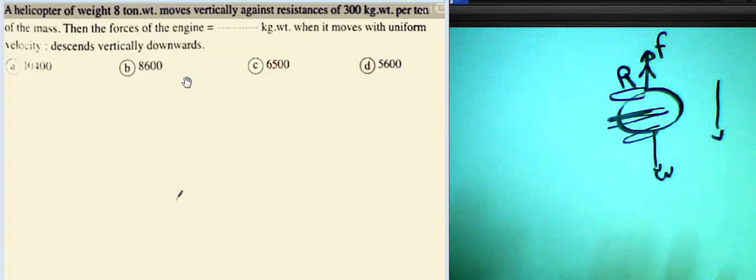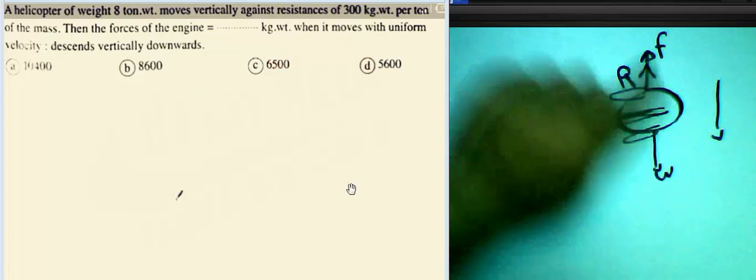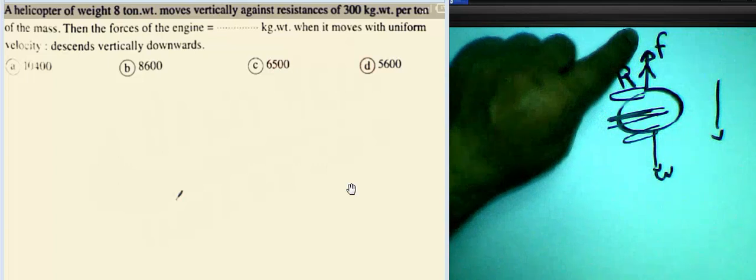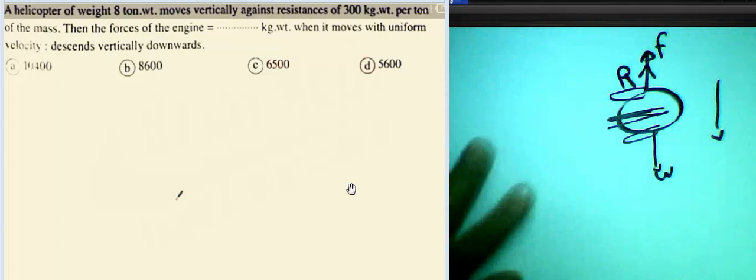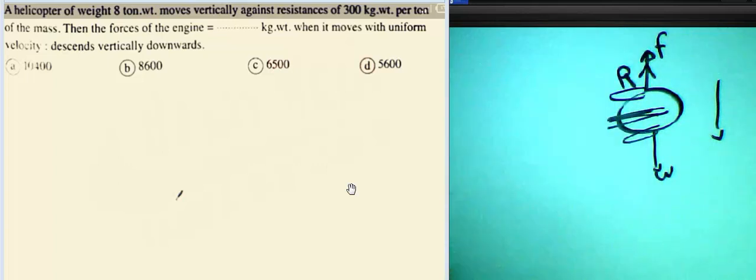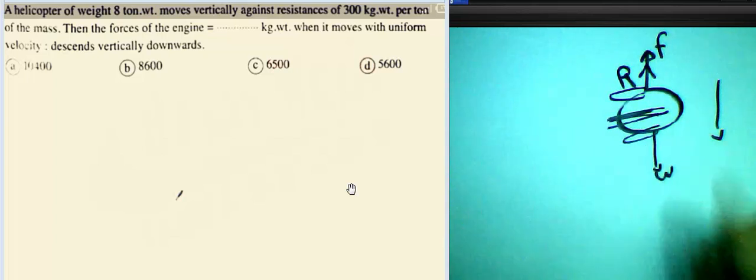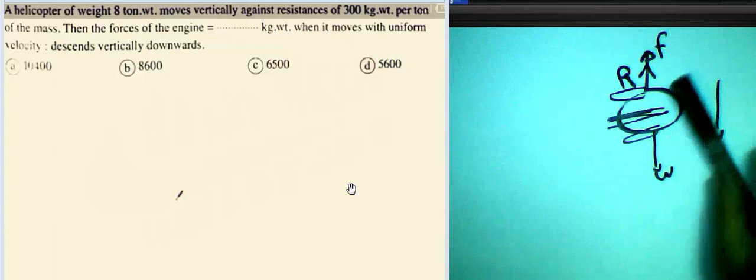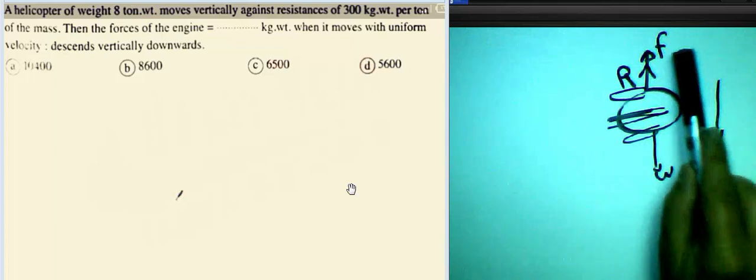The force all the time in an example about a helicopter will be up. Okay, don't write the force down. If he tells you the helicopter is going up or going down, the force is any time up.